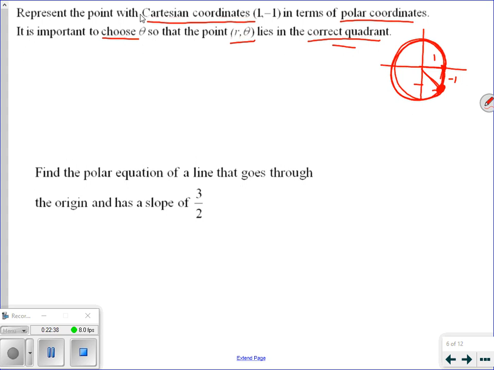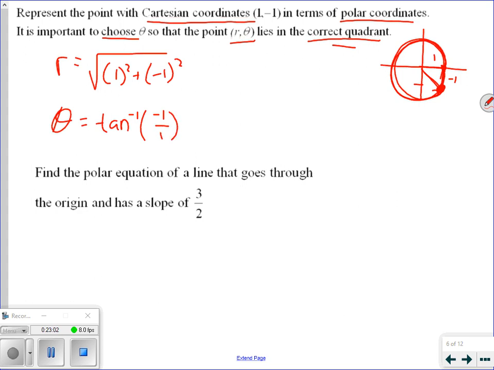I'll leave that up to you. We said in an earlier slide that there are multiple ways to represent this point. But let's start with the r value. The r value is going to be the square root of x squared plus y squared, and my theta value is going to be the tan inverse of y over x, or -1 over 1.